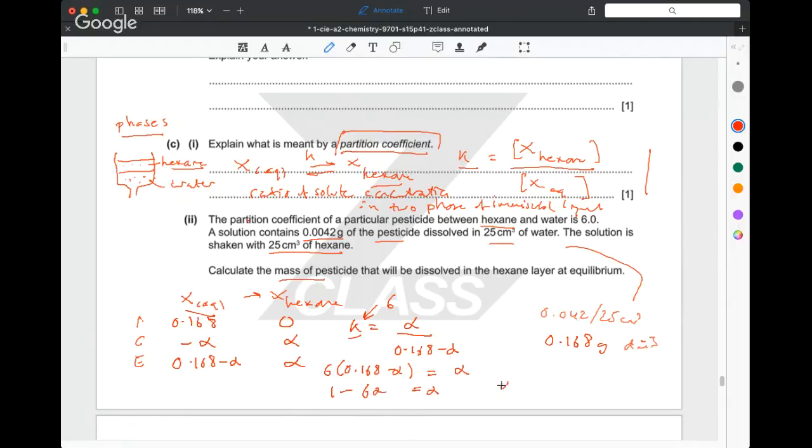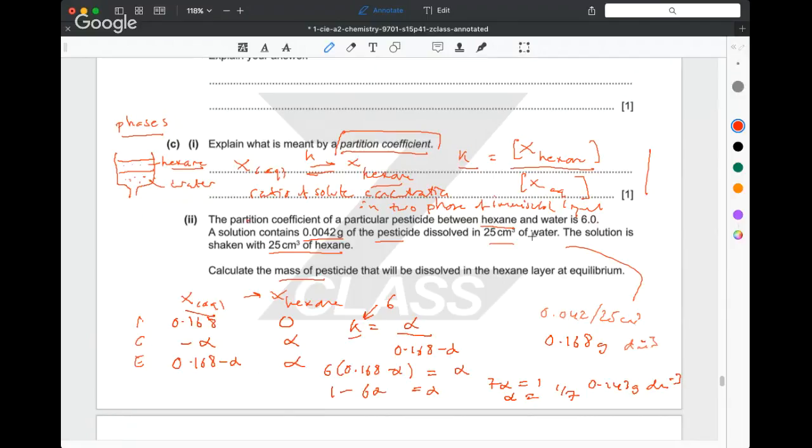So 7 alpha equals 1, and then alpha equals 1/7. If you work that out, it's 0.143 grams per decimeter cubed.